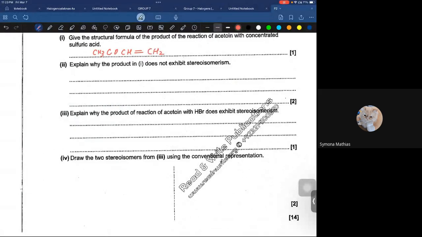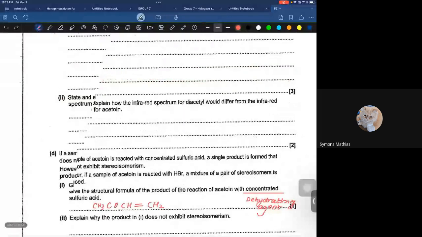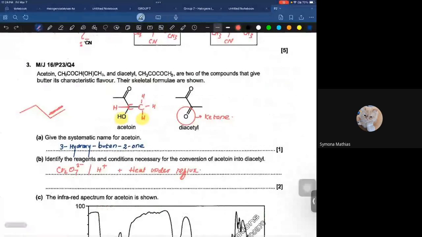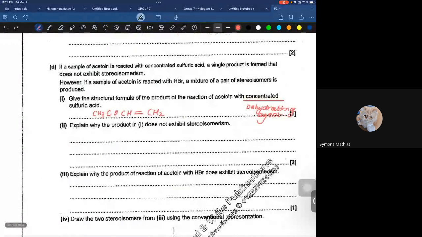तो ये आपका एल्कीन बन गया. ओके, सो इसमें पॉइंट वाली बात क्या थी कि ये डिहाइड्रेटिंग... ये देखिएगा, why the product in one does not exhibit stereoisomerism.